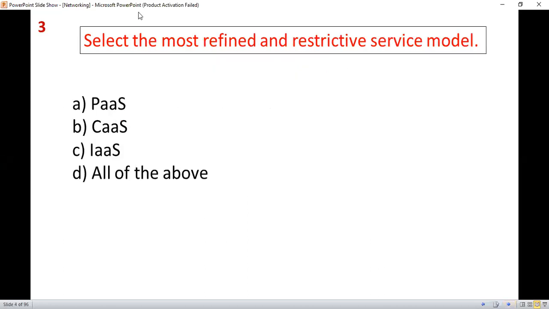The next question is: select the most refined and restrictive service model. What will be the answer for the third question?